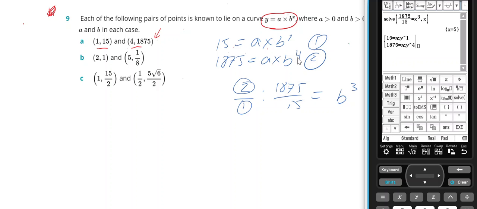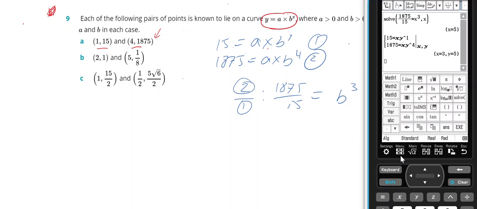You've got to be careful if the power is fractional or negative. Make sure you put a bracket around it. In this case, it's just one number, so you don't have that issue. And you're solving for x comma y. And you get the same answer.